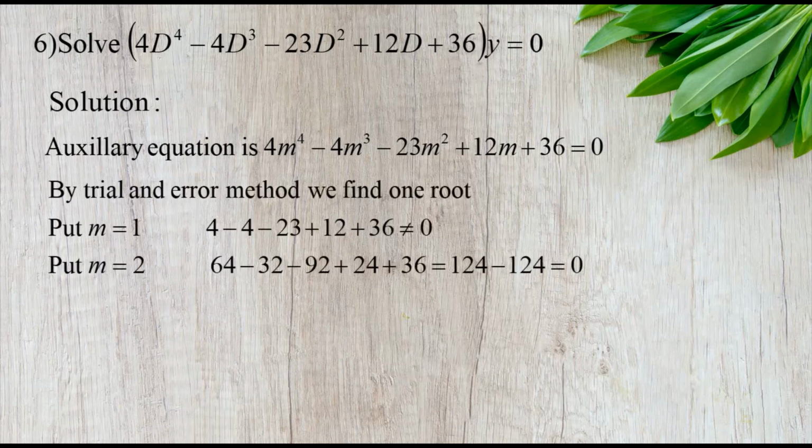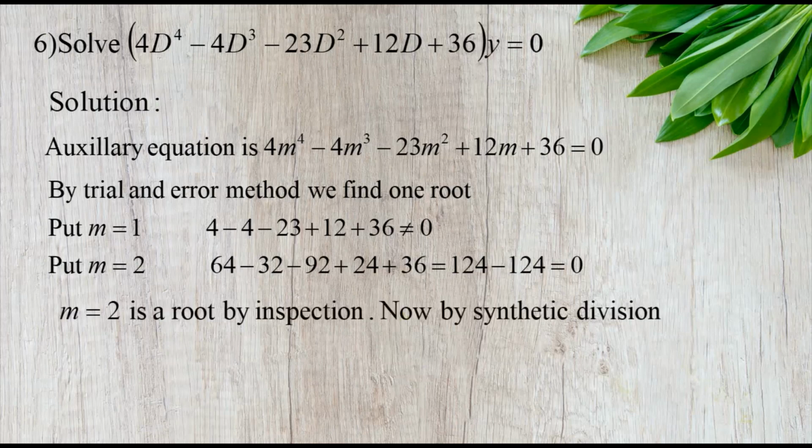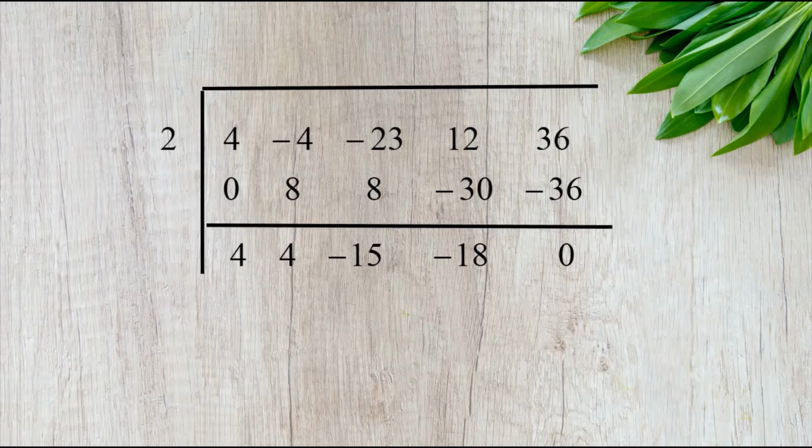That is the reason we are using the trial and error method and synthetic division to find out the roots. When you put m equal to 1, you are not getting 0. When you put m equal to 2, we get the equation as 0. That is the reason we can use m equal to 2 as a root for synthetic division. By synthetic division, we can find out the remaining roots by reducing the fourth order equation to a cubic equation.